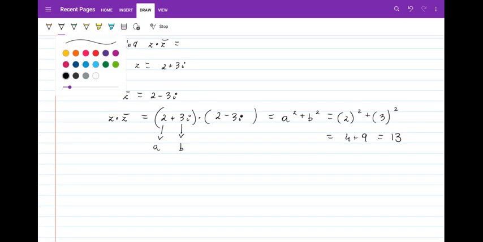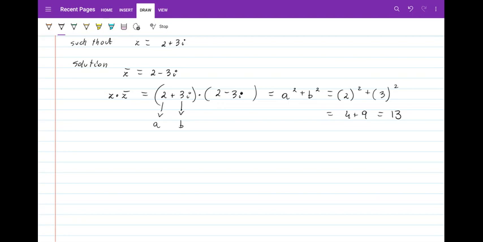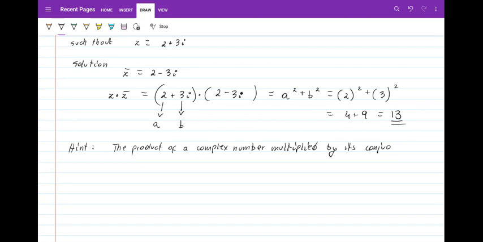Since we know that a complex number times its conjugate will always give you a real number, the product of a complex number multiplied by its conjugate is always a real number.